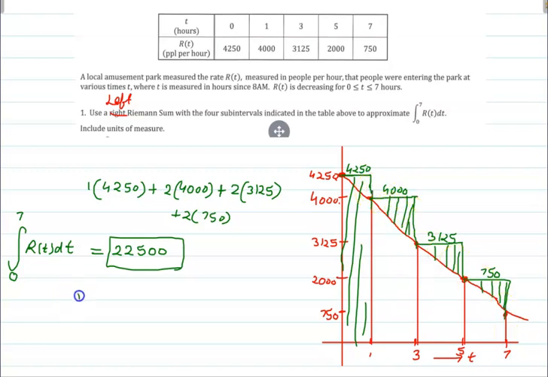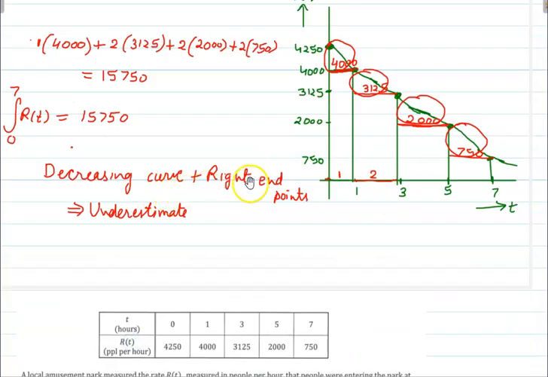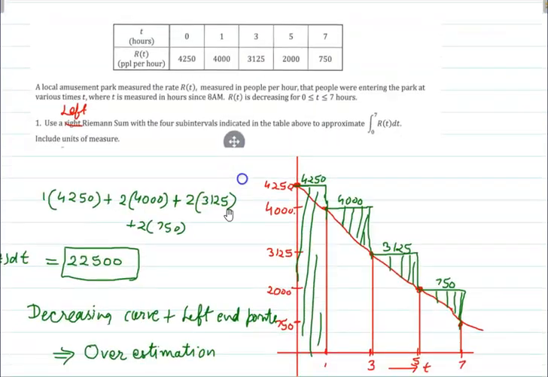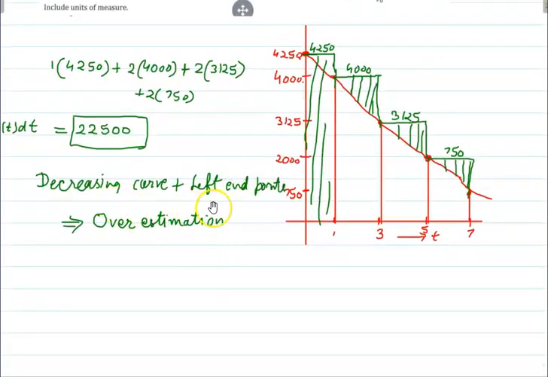So we see that when we use the right end points for a decreasing curve, it gives us an underestimation, whereas when we use the left end points for a decreasing curve, it gives us an overestimation.